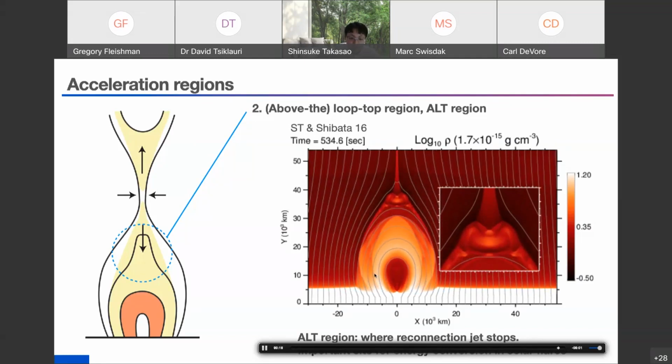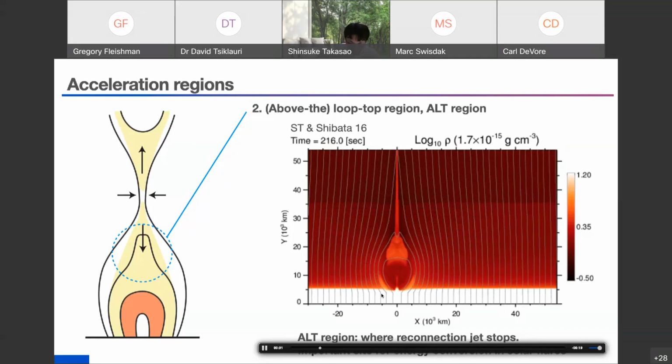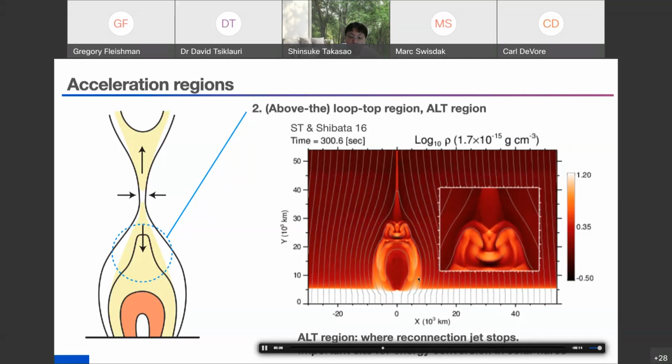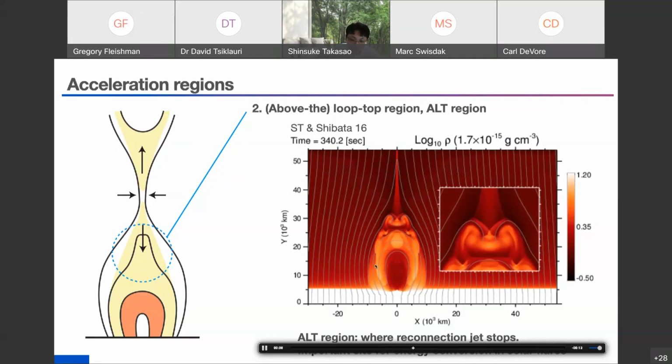As a result of the energy release, we have chromospheric evaporation and form hot and dense flare loops.